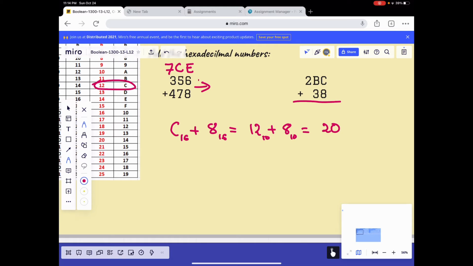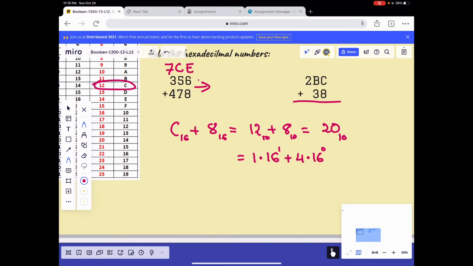All right, 20. Or I can write down 20 equal 1 times 16 to the power of 1 plus 4 times 16 to the power of 0.